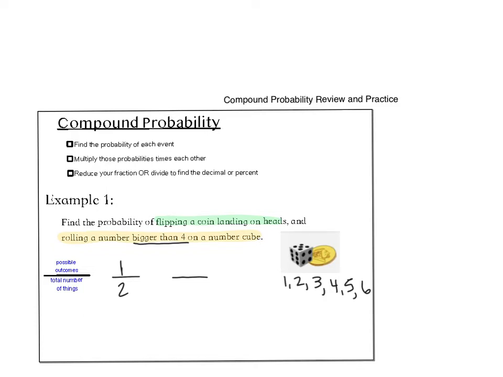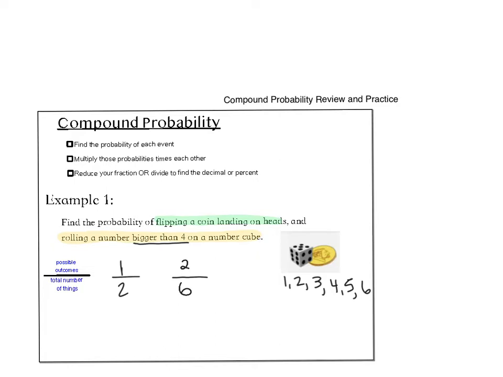And you can see here's the 4 on this number cube here. There's only 2 sides that are bigger than 4, the 5 and the 6. All right, so we only have 2 sides that are bigger than 4, but we have 6 total sides. So 2 over 6 is our probability of rolling a number bigger than 4 on a number cube.